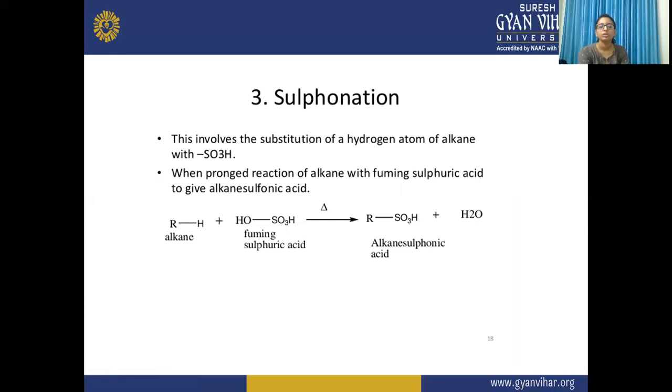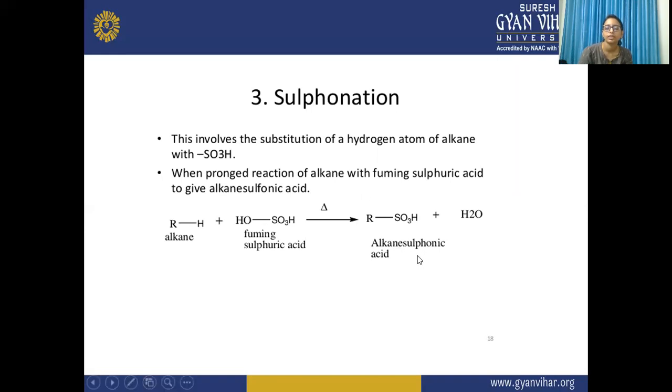When the reaction of alkane is done with fuming sulfuric acid, we will get alkane sulfonic acid. So here alkane, when reacting with fuming sulfuric acid, there will be a formation of water molecules. This H and OH will combine and form a water molecule, and this R and SO3H will combine and form alkane sulfonic acid.